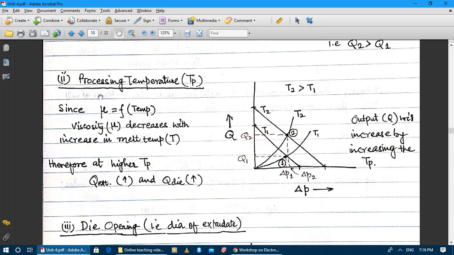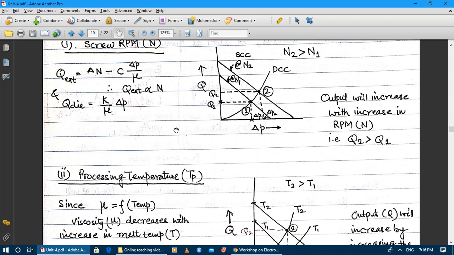The second point is the processing temperature, TP. As I have already explained, viscosity is a function of temperature, and viscosity decreases with the increase in the melt temperature. Therefore, at higher processing temperature, extruder output will also increase and die output will also increase, according to equations number 2 and 6.